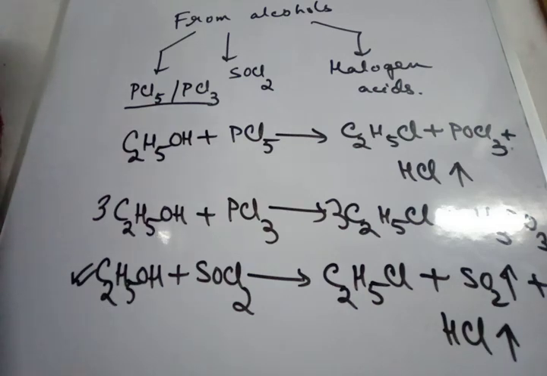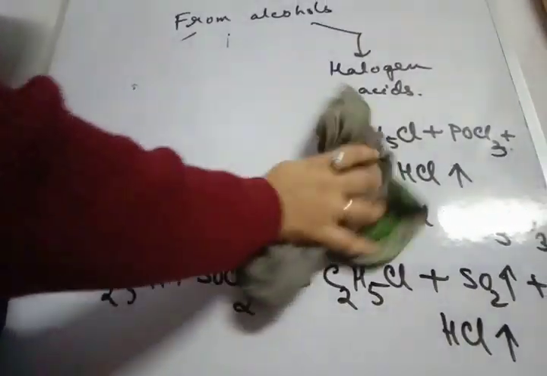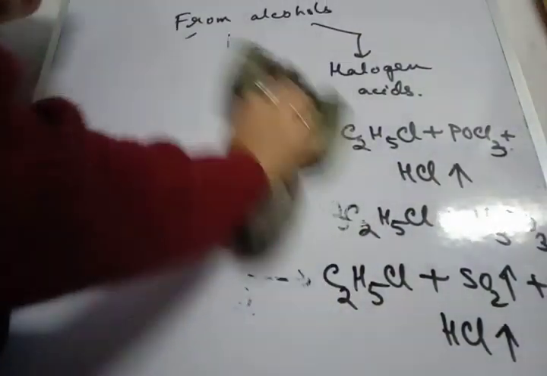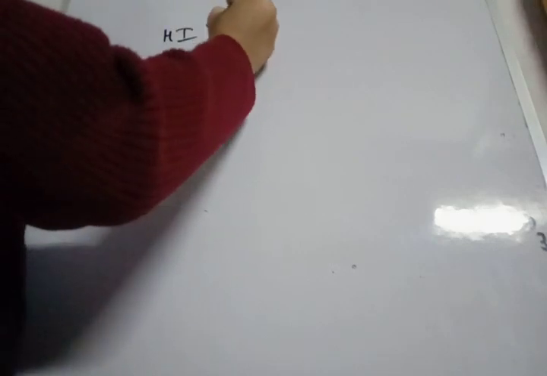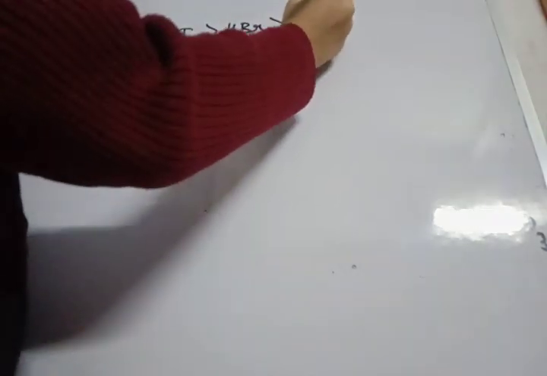Since we are using halogen acids, the order of reactivity of the halogen acids I have already done in the previous video, that is HI greater than HBr greater than HCl. That is the order of the halogen acids. Okay, HF we do not use.